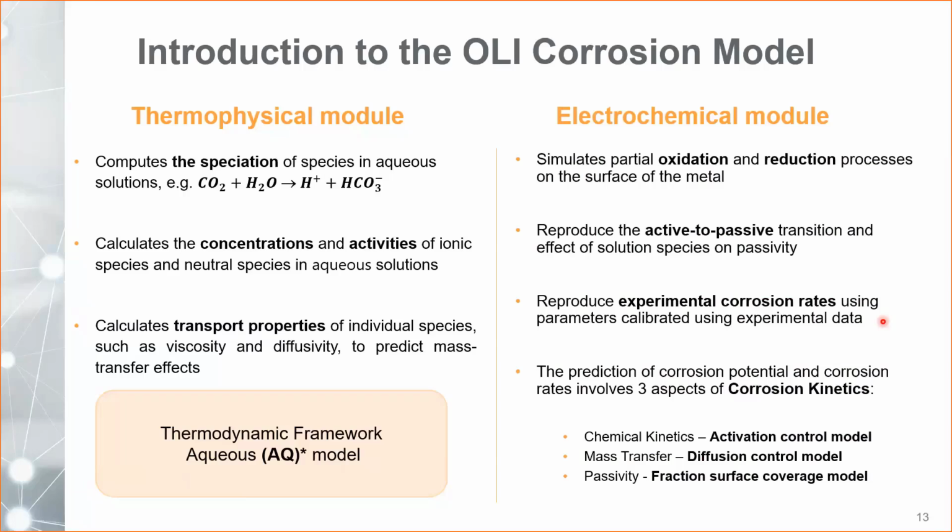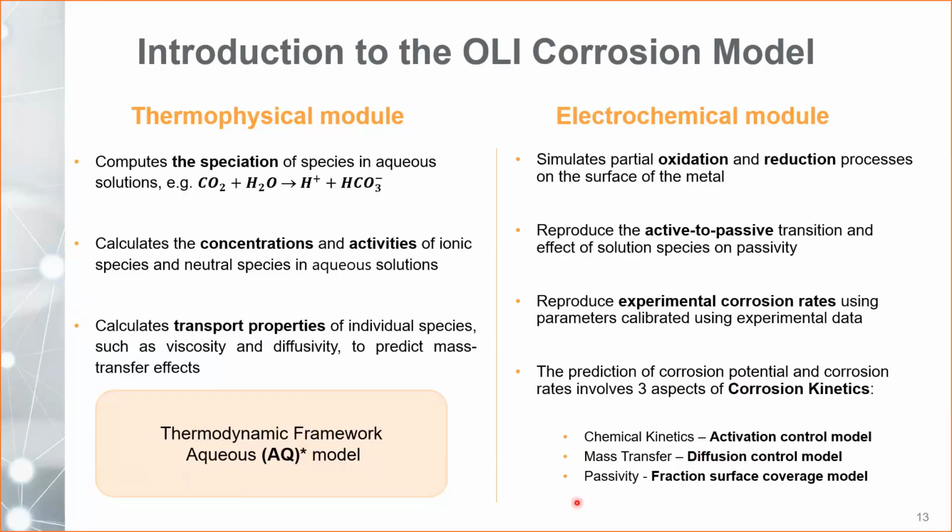At a high level, the prediction of the corrosion rates starts by addressing three aspects of the corrosion kinetics. The first one is the chemical kinetics, which is represented by the activation control model. Then we have the mass transfer, which is calculated using the diffusion control model.